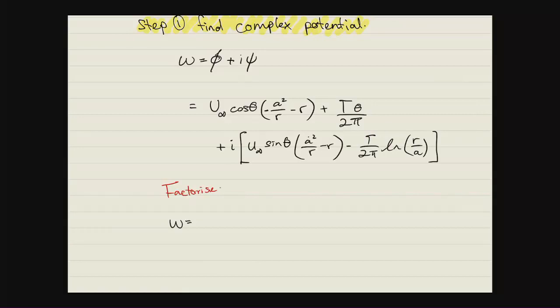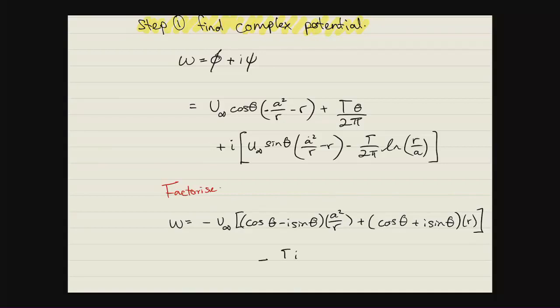So I'm going to get negative U infinity times cos theta minus i sine theta, times A squared over R, plus cos theta plus i sine theta, times R. And it's going to be minus gamma i over 2 pi, times i theta plus ln R over A.